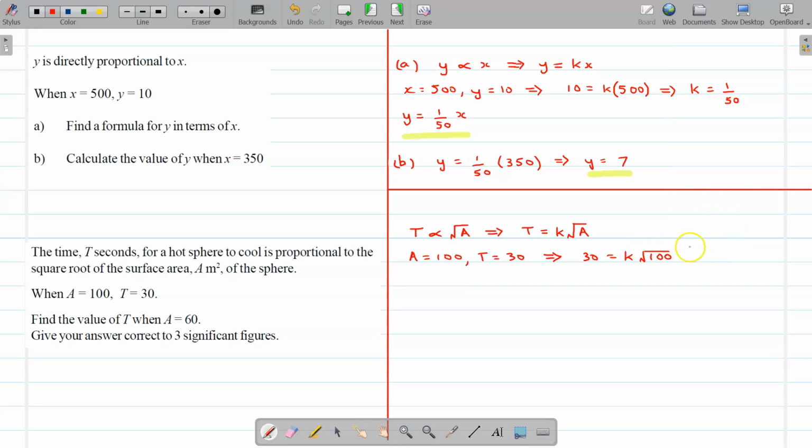Okay, now root 100, of course, is 10. So we can say that 30 is equal to 10k, and therefore k is equal to 3. So our equation becomes T equals 3 root A.